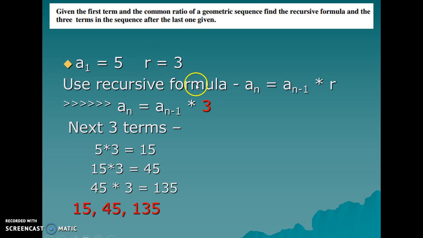If you use the recursive formula, all you have to do is substitute the r. Everything else in the formula is the same. To find the first 3 terms, you always start out with a_1 is 5, then you start multiplying it by 3, you get 15. Use the 15, multiply it by 3, you get 45. Use the 45, multiply it by 3, you get 135.